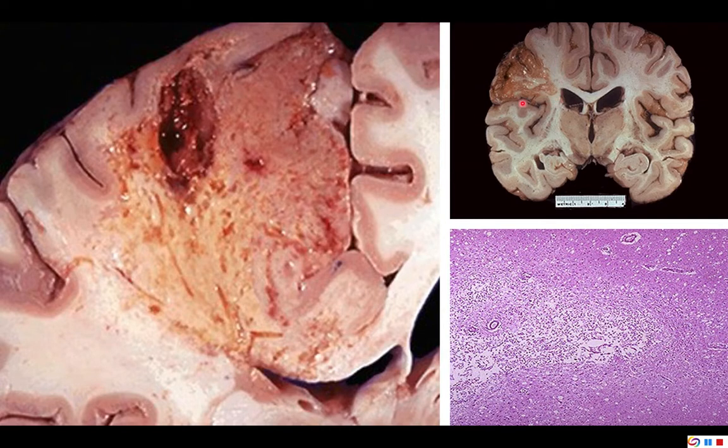If you block the blood supply to that area of the brain, that tissue starts to die. It's going to liquefy into this viscous fluid, and if you take a section of that, this is what it's going to look like histologically. Histologically, you're going to see loss of neurons and the formation of a clear space in the center. Here, this is the broken up tissue in the middle.